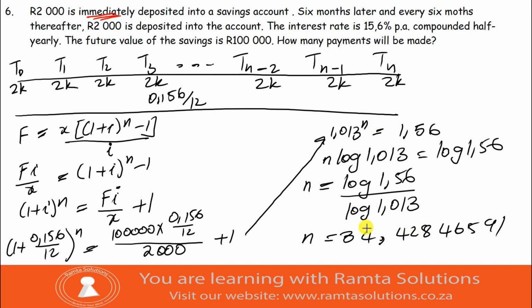However, you can pay your 2,000 for a full 34 months, but for the remaining month, you will pay less than the 2,000. So let's simply say it's 35 months.